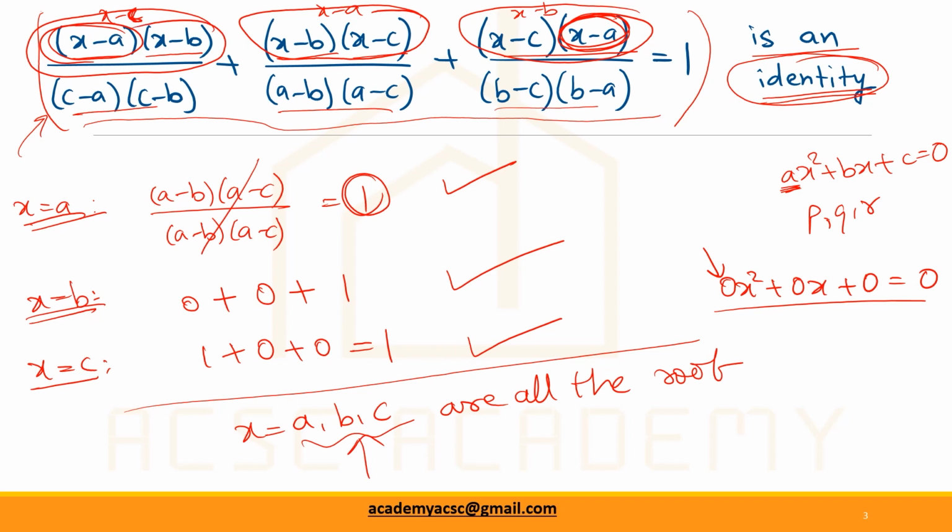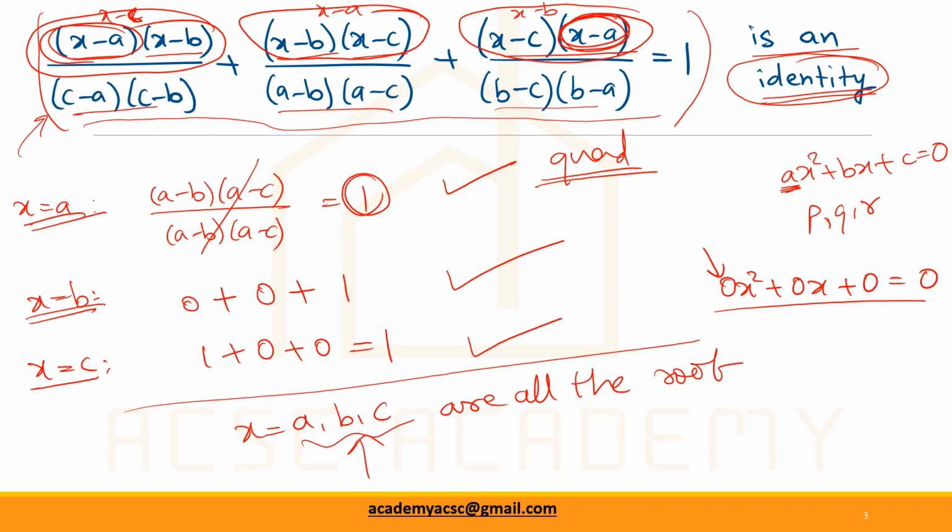Hence, if we convert it into the standard format, it will become a quadratic only. And in that case, being a quadratic, it seems to have three roots, which is the violation. And hence, this fact proves that the given equation is actually an identity. So this was the solution for this particular problem.